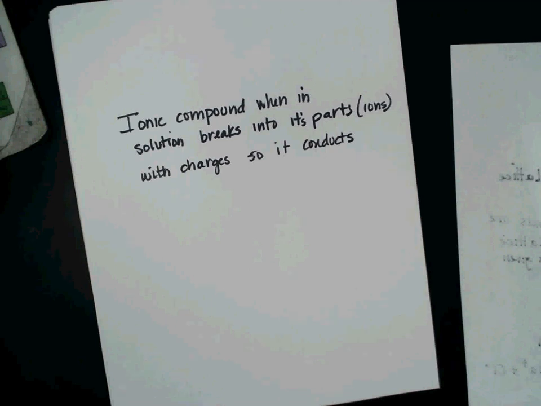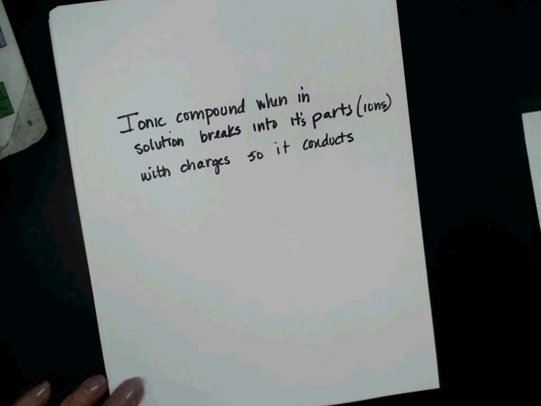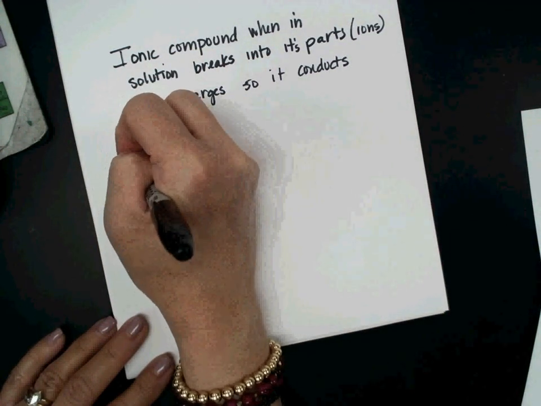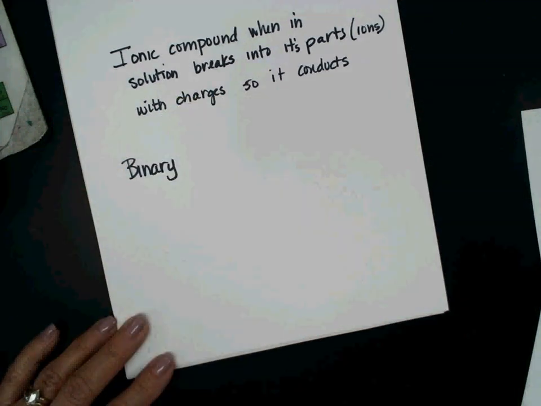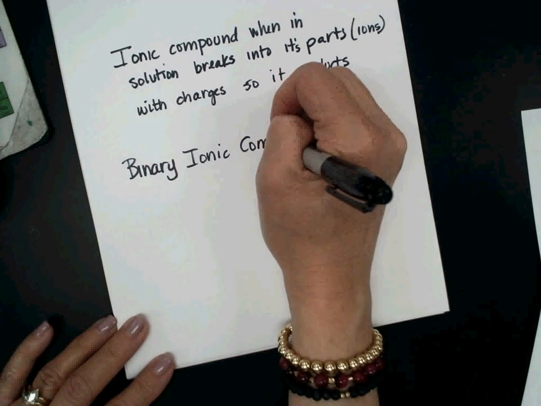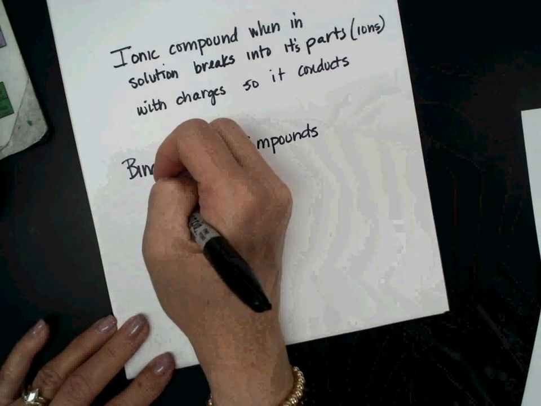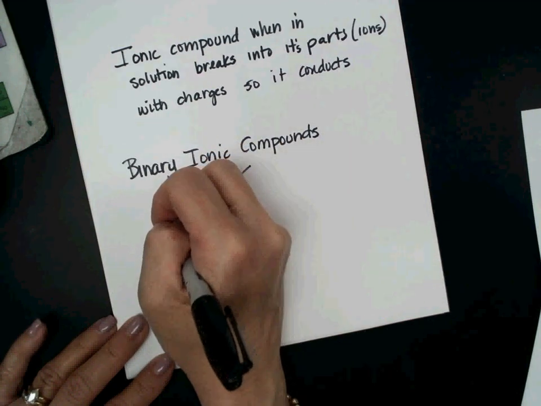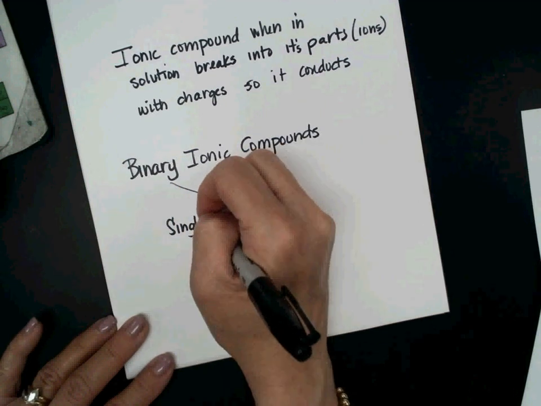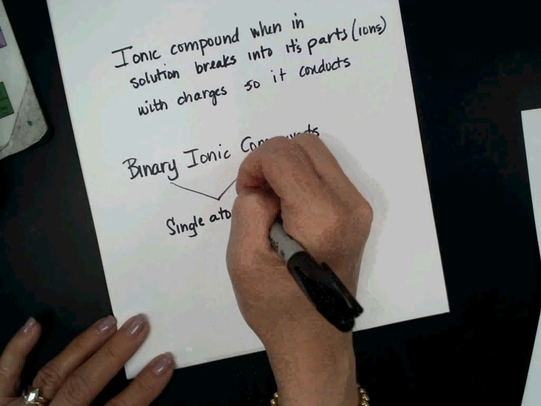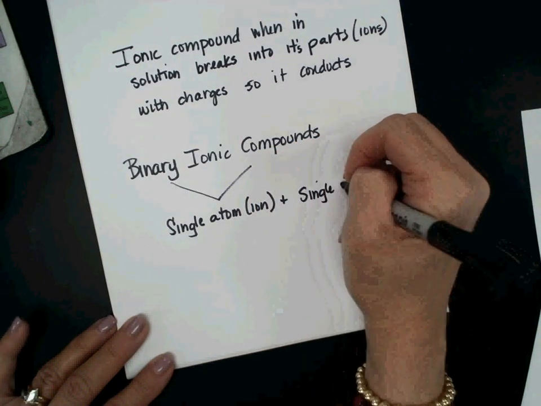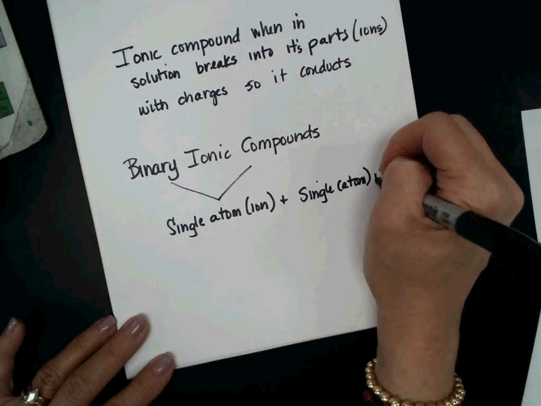Yeah? Alright, so now we're going to make some polyatomic ionic compounds. Yesterday we made binary ionic compounds. These were made of a single atom ion plus a single atom ion.